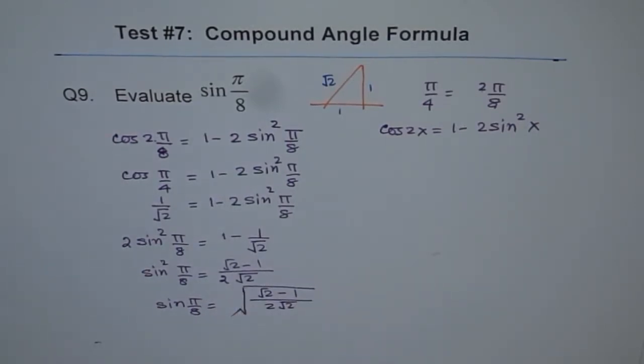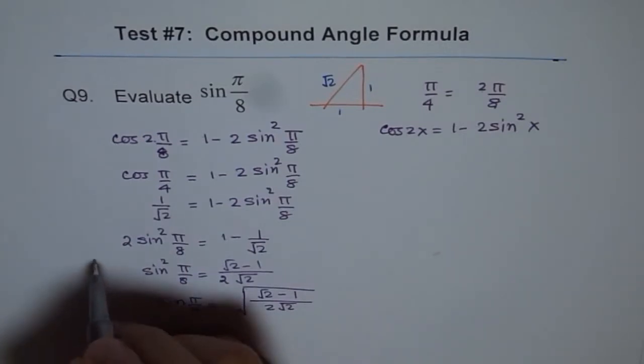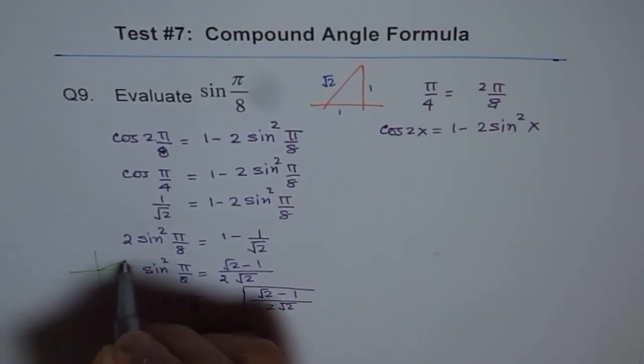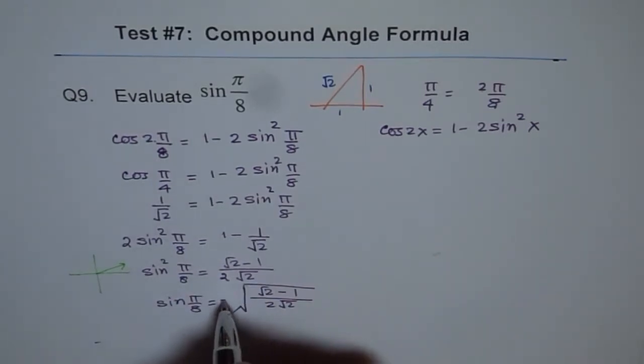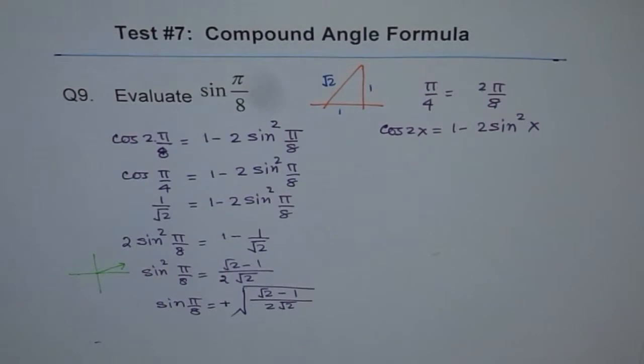So that is sine pi by 8. Now, when we take the square root, we take both sides, plus and minus. Now, we know pi by 8 is in quadrant 1, correct? So in quadrant 1, it is positive. Therefore, we are only going to take the positive root, right? And that's how we get our answer.